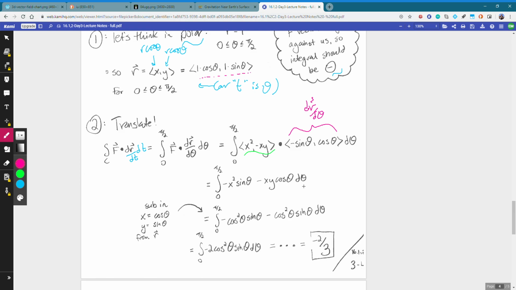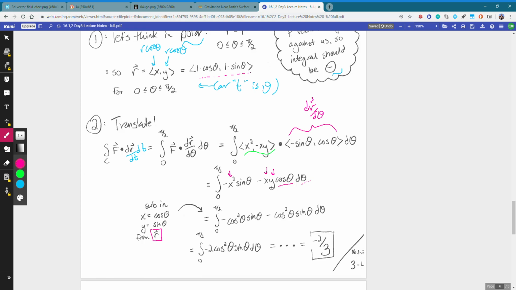And at this point, we want to make things consistent. This integral is with respect to theta, and so let's get any of our other variables swapped out. X and y, in terms of our parameterization, that's what we use to swap them out. X is cosine theta and y is sine theta. And so using our parameterization to replace those, x squared becomes cosine squared, and x becomes cosine.